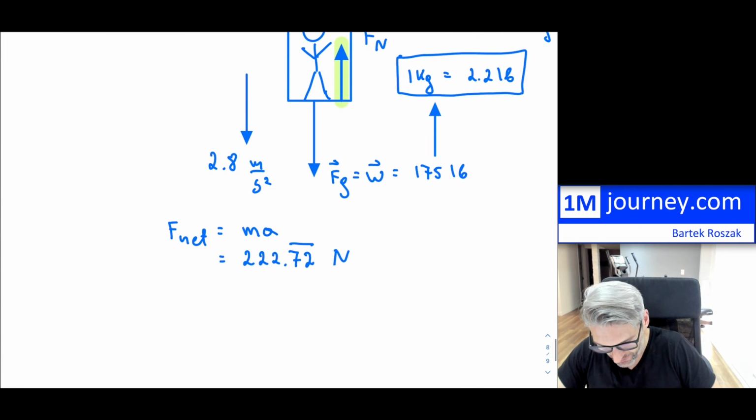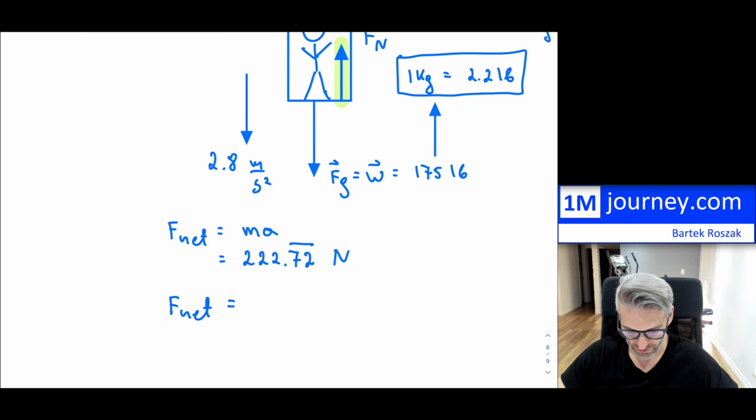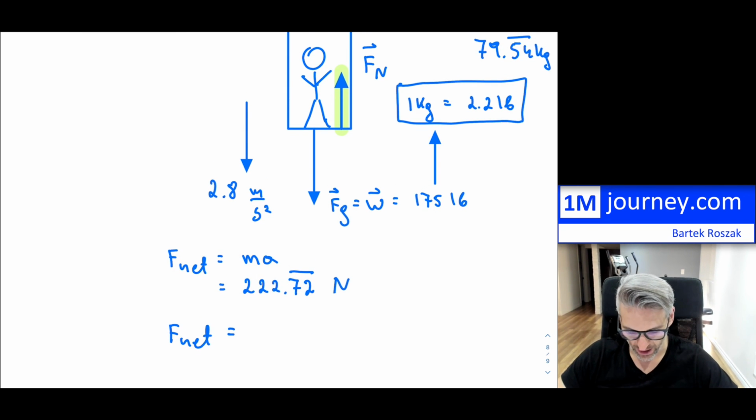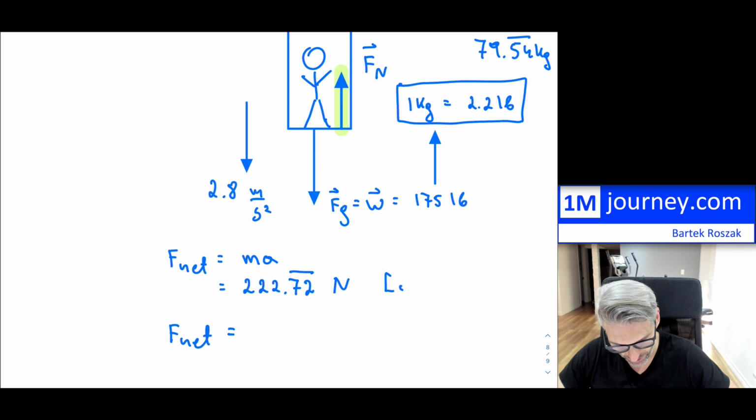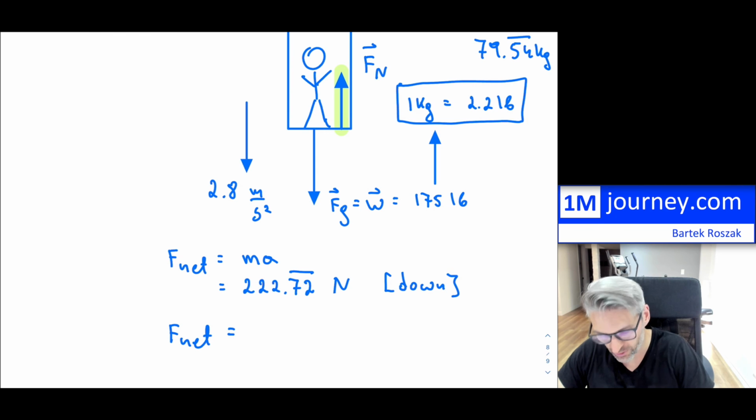Now, F net, of course, is the summation of all the forces that you have. The way that I've done it, because notice that it's down, so this F net is down, I'm going to assume, because we're moving down, that down is positive.